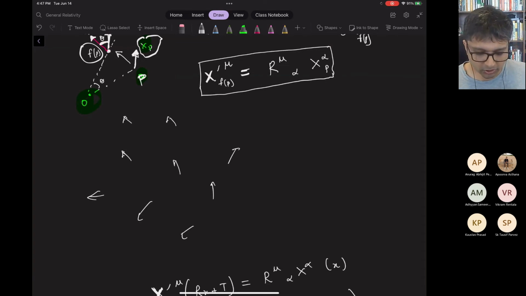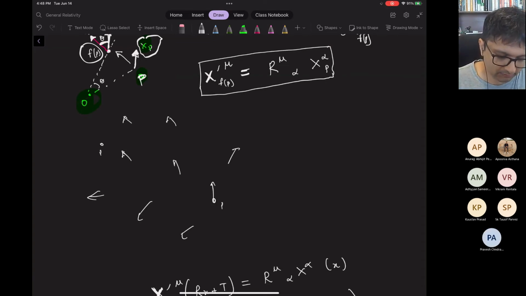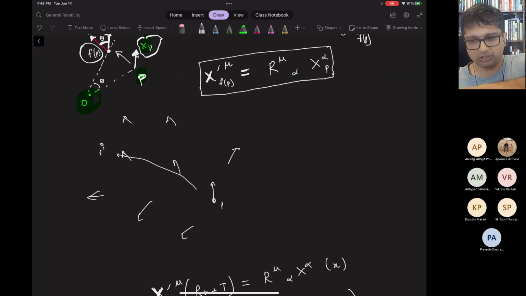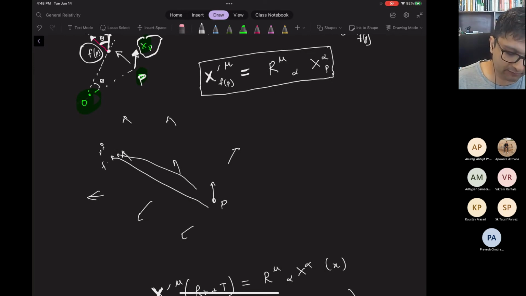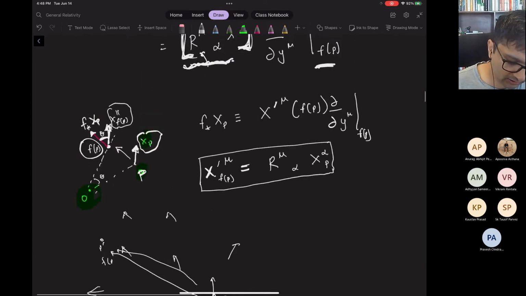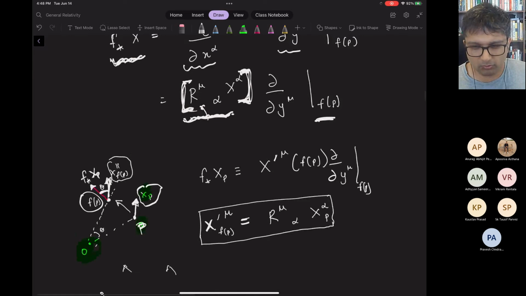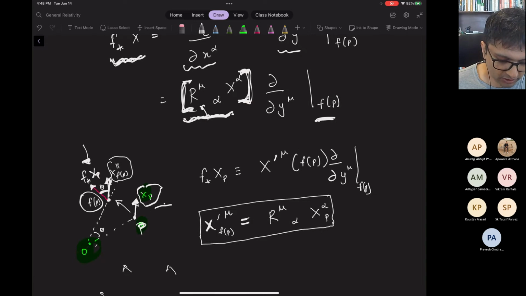The rotation is not just going to take this point to some point here, but if you literally imagine turning the paper, the vectors are going to rotate as well. So you have to rotate the vectors as well as rotate the point P so that it lands up at this point f of P. So you not only have to rotate your point P, but you also have to rotate vectors as you get from this point to this point. Now, when you say rotate, it's a little bit tricky because these vectors live in a different vector space than the original vectors, so you can't compare this with the original vectors.